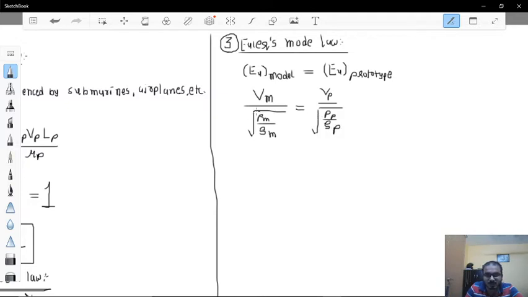Suppose both the fluid in both model and prototype is same, then density will be equal. So we can say that Vm upon square root of Pm is equal to Vp upon square root of Pp.